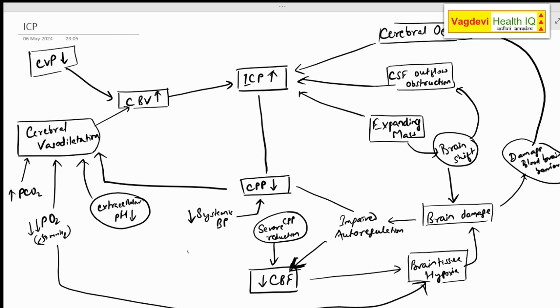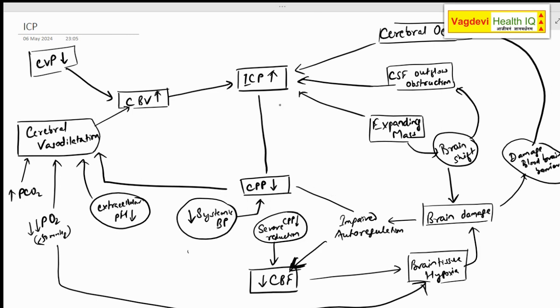Very clear? More intracranial pressure means cerebral perfusion pressure is low. Also, if somebody has systemic hypotension, cerebral perfusion pressure can go low. So if there is severe reduction of CPP, in that case also cerebral blood flow can reduce severely.